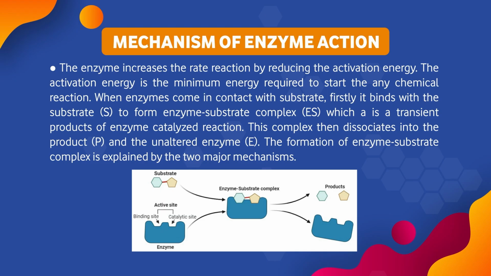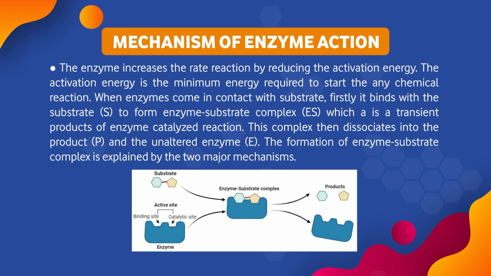When these enzymes come into contact with the substrate, first it binds with the substrate S to form the enzyme substrate complex, which is a transient product of the enzyme catalyzed reaction. Then this complex dissociates into the product and unaltered enzyme.